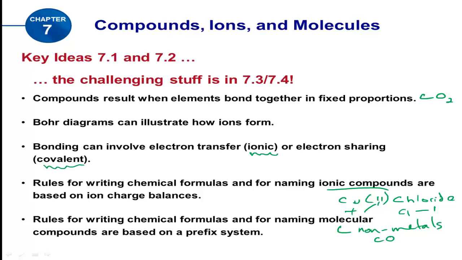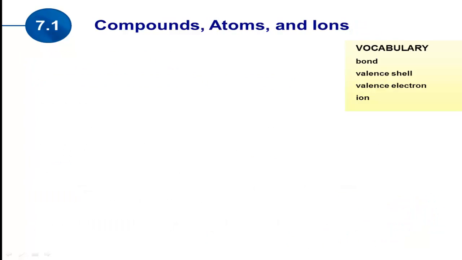They're not going to transfer electrons. We're going to have to use a prefix system. In the case of carbon dioxide, notice the di. So somewhere in here you're going to have to learn some prefixes. Di, tri, etc., tetra. Etc., by the way, isn't a prefix.